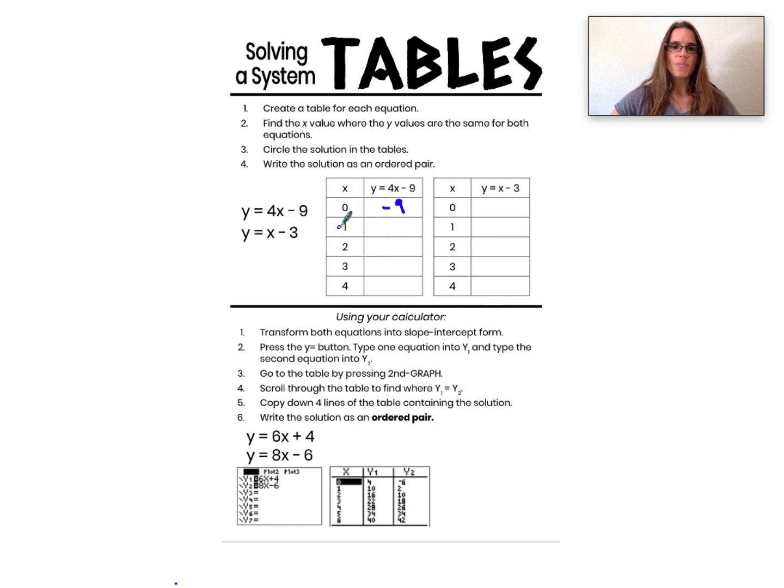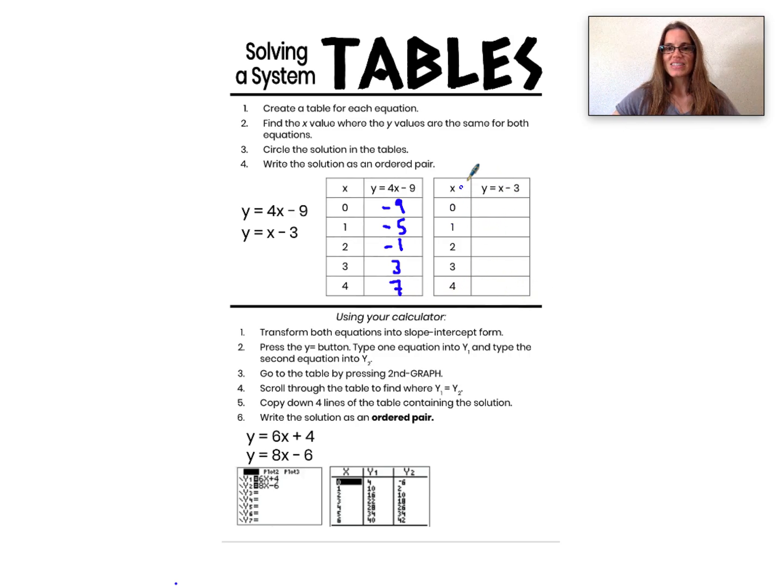That means when x goes up by 1, y goes up by 4. I can find this next value then by adding 4 to negative 9. Negative 9 plus 4 is negative 5. X goes up by 1, y goes up by 4. X goes up by 1, I need to add 4 to find my value of y in the next row, and that is 7.